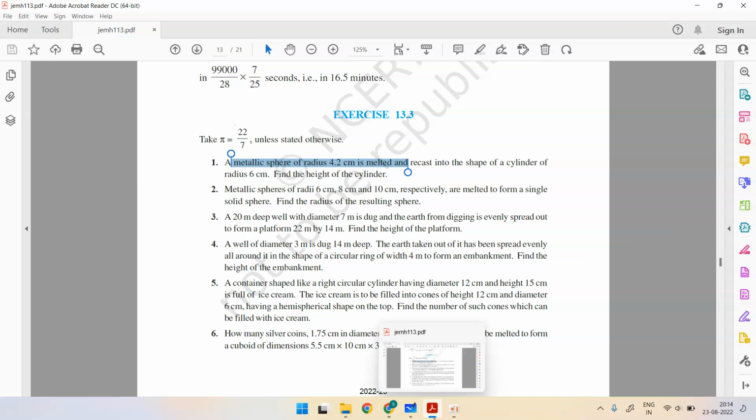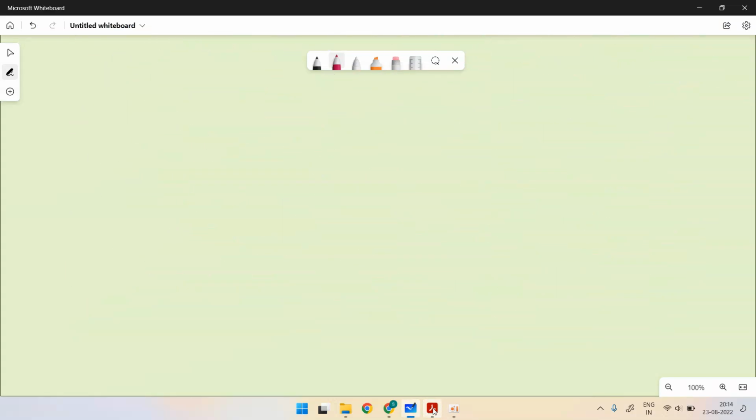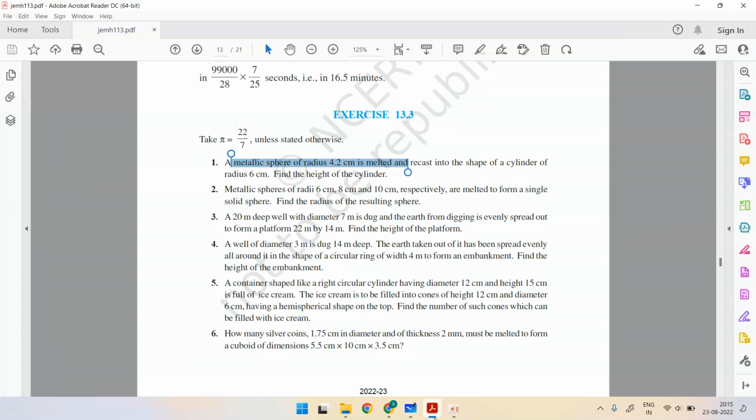We have to find H. A sphere. See, what is a sphere? This is a sphere. R1 is given. Centimeters it is given.